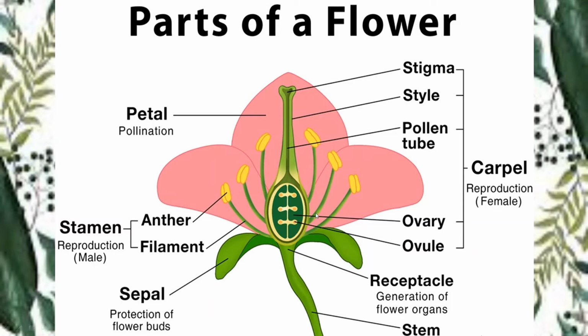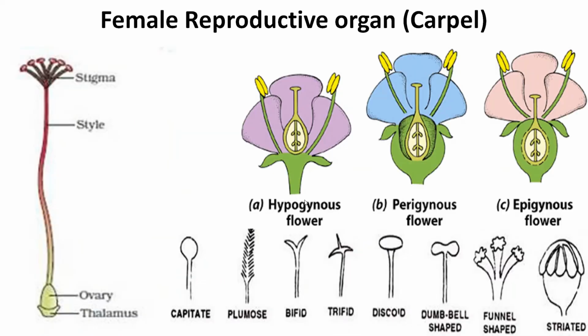Again moving here. This is thalamus. Now on the thalamus, the ovary is situated. Now it can be of many types. Hypogynous, epigynous and perigynous. Now what happens in case of hypogynous flower?